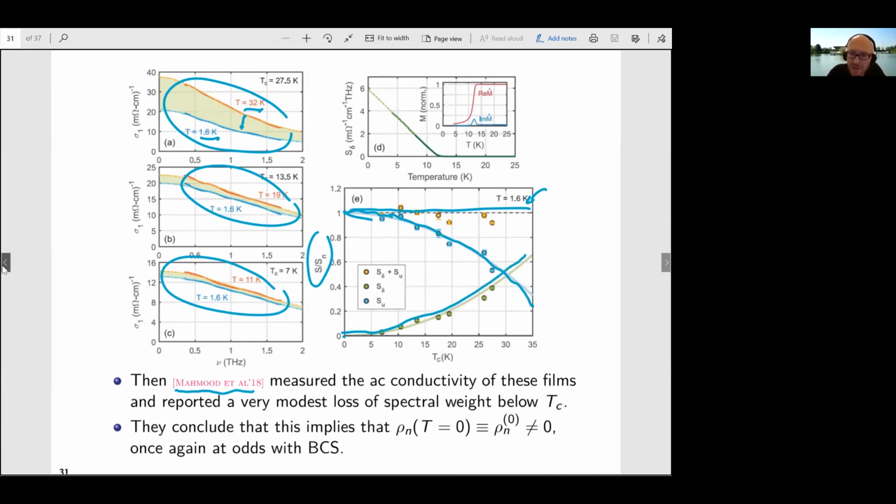And as you can see, the superfluid density, so the green curve, is not lying on top of the yellow curve, of the yellow dots. And this, the authors interpret as the signal that there are some normal electrons that remain in the condensed phase, that the whole system does not become superfluid as you decrease temperature.